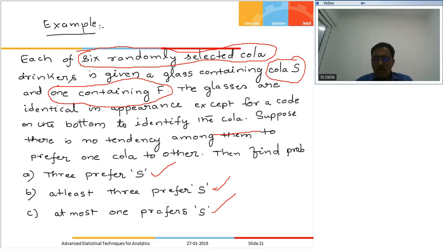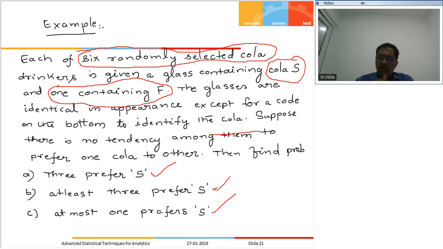So how do we model this problem? What is the process here? One, there are a total of 6 randomly selected cola drinkers, that is n equal to 6.